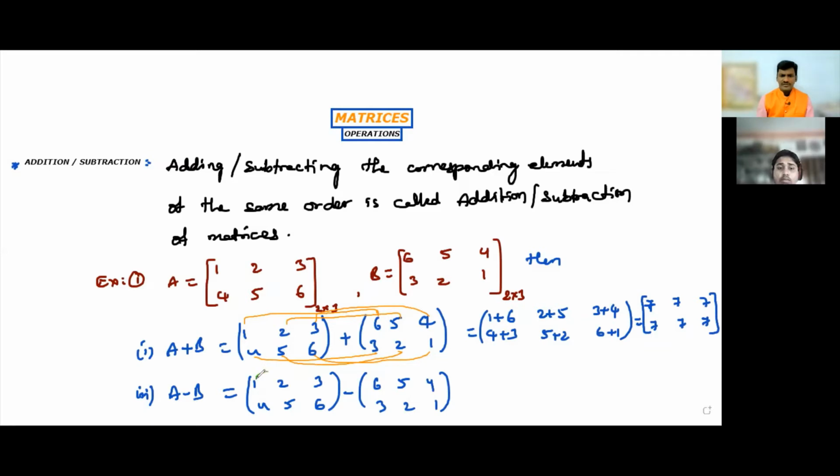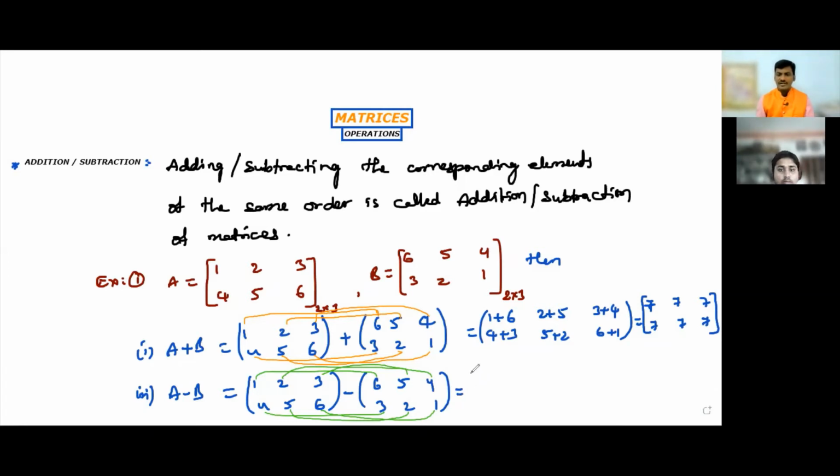Here the corresponding element of 1 is 6, the corresponding element of 2 is 5, and the corresponding element of 3 is 4, like this. We add or subtract the corresponding elements.